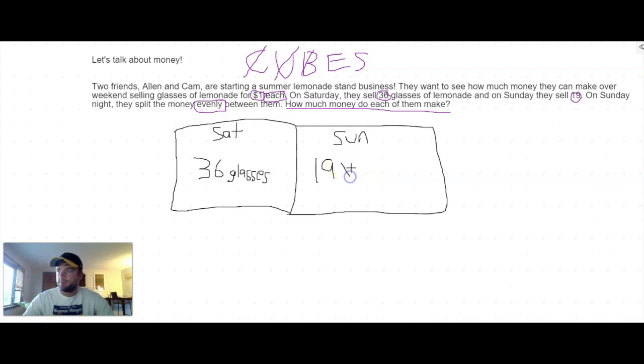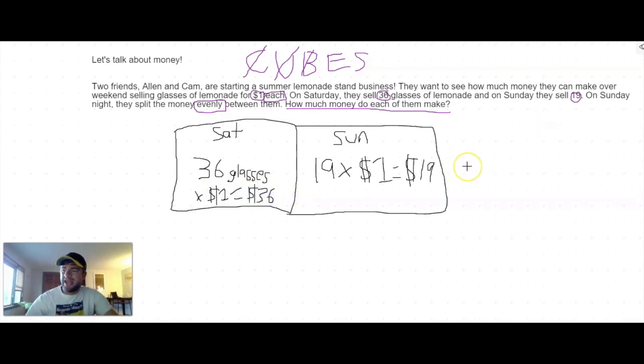So to do this properly, we probably want to multiply by $1. So we have 19 times $1, which equals, that's right, $19. And then we have 36 times $1, which equals, that's right, $36.